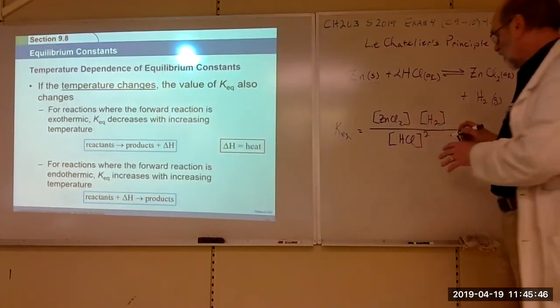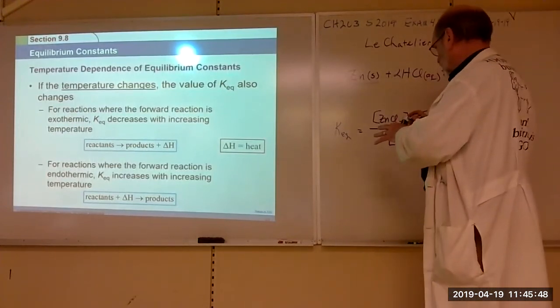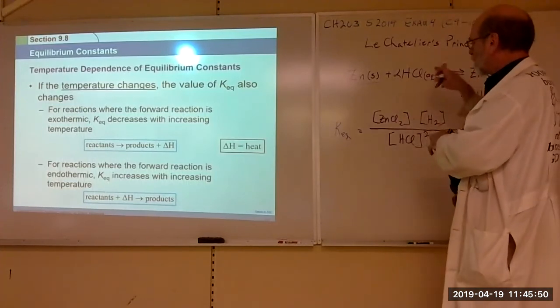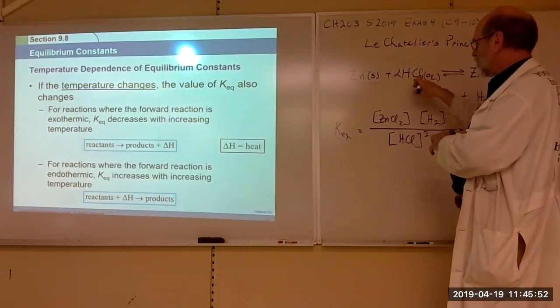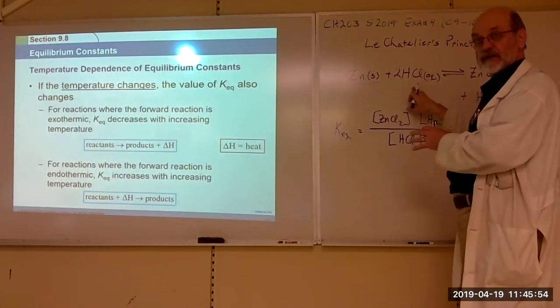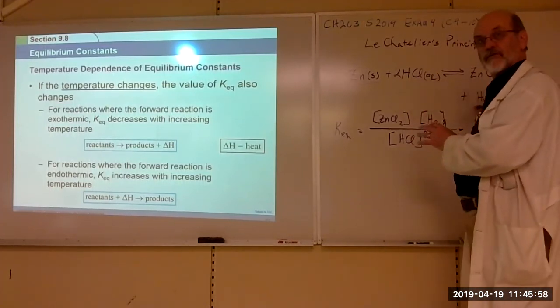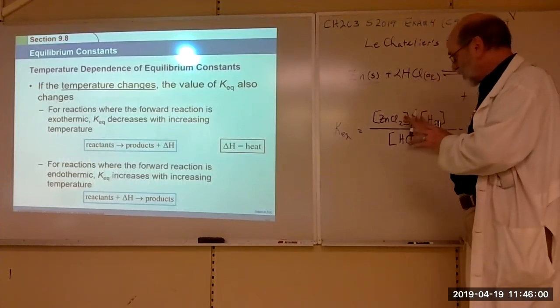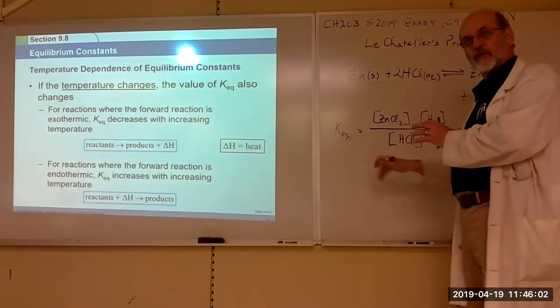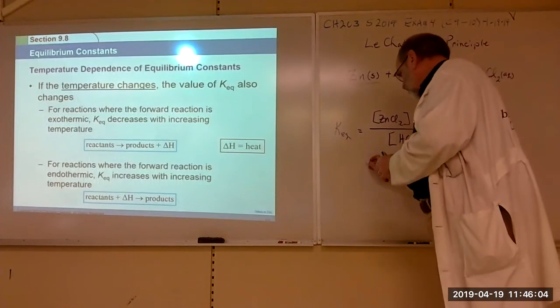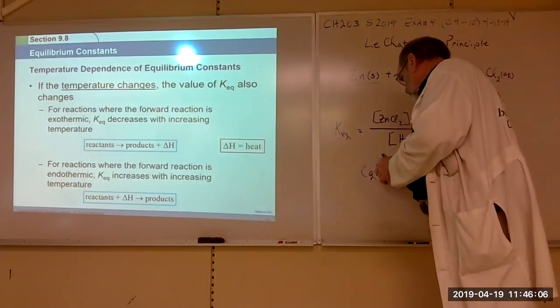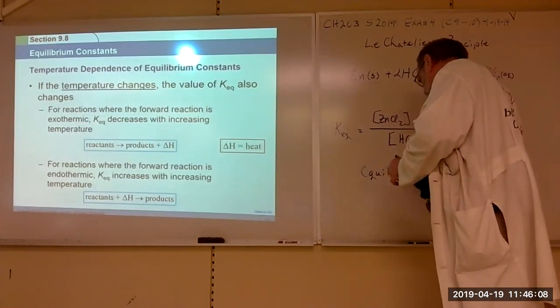So this is the equilibrium expression, but if we add more of this, then it's going to use up some of it, but not all of it. That gives us different concentrations for these values that go into the expression to give us that constant. And what we've done is we've changed the equilibrium position.